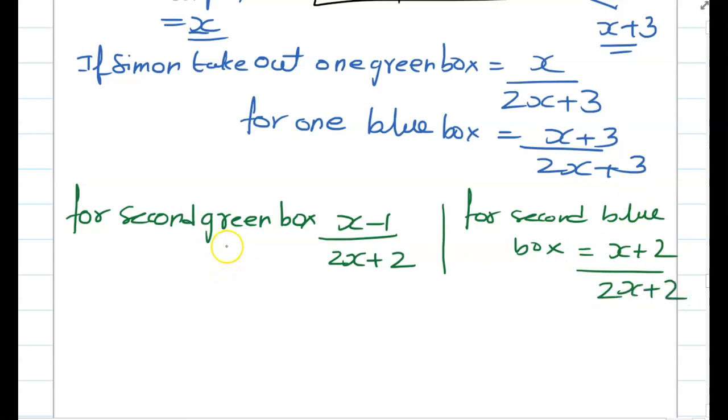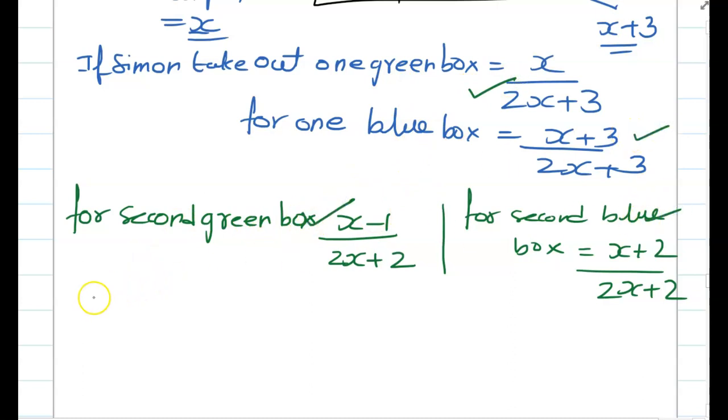Now the probability that Simon will take 2 pens of the same color. So same color, this and this, or this and this.